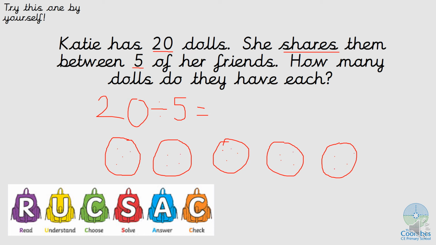Now I need to count how many are in each group. 1, 2, 3, 4 in each group. So 20 shared between 5 is 4. They get 4 dolls each. Well done if you got that right.